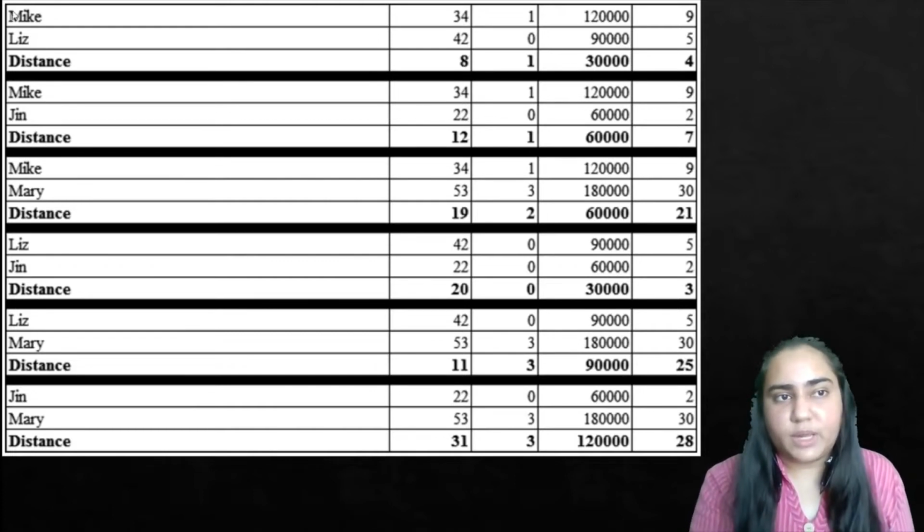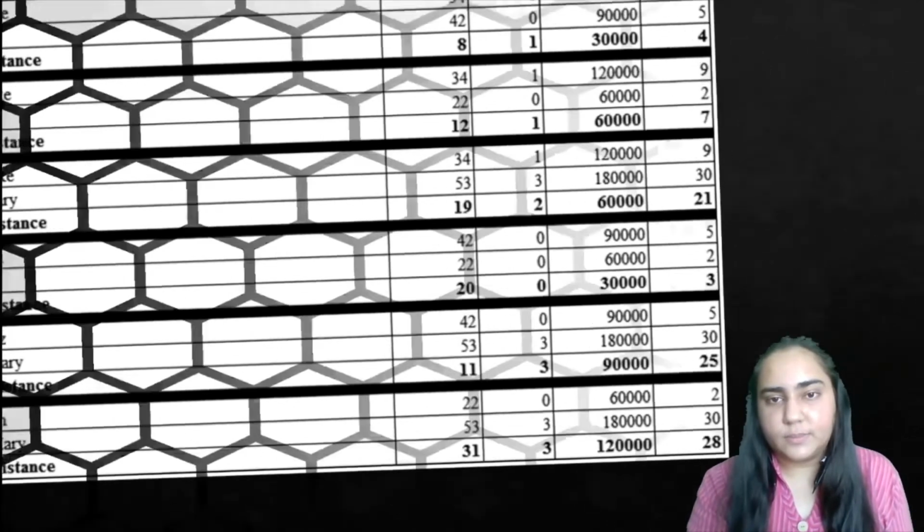Since you've taken Mike and Liz, you don't have to take Liz and Mike. So we are taking Liz and Jin, and this is the difference. Then we take Liz and Mary, and this is the difference. The only 2 people between whom we haven't found the distance yet are Jin and Mary. That would be 31, 3, 120,028. So that's how we find the distance.